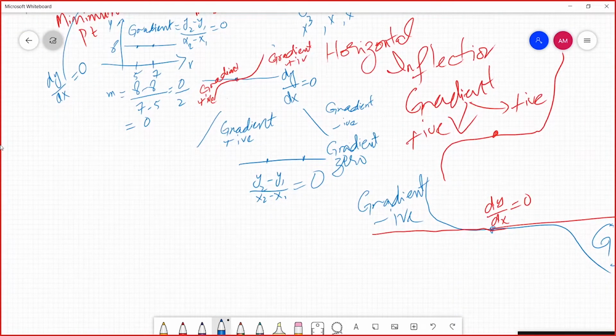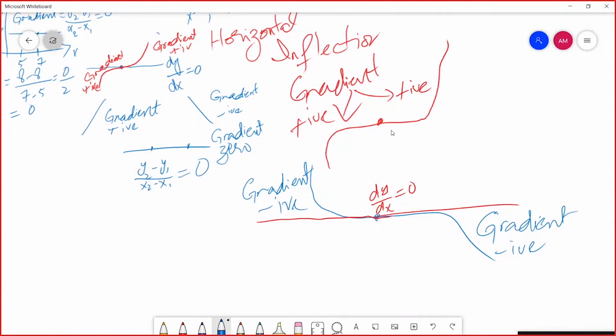If they are not changing, both before and after the stationary point have the same sign. If they both have positive gradient before and after the stationary point, it means the curve is going from downward to upward, but in between there is a point of inflection.